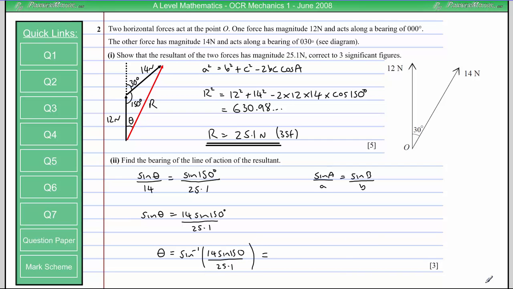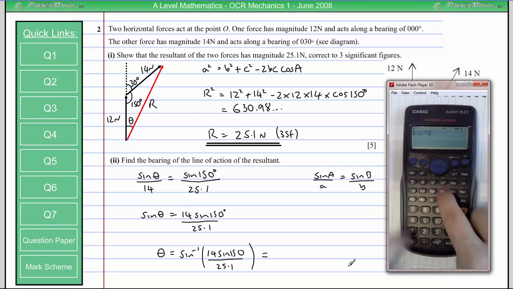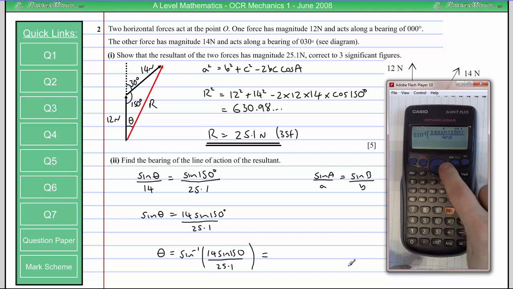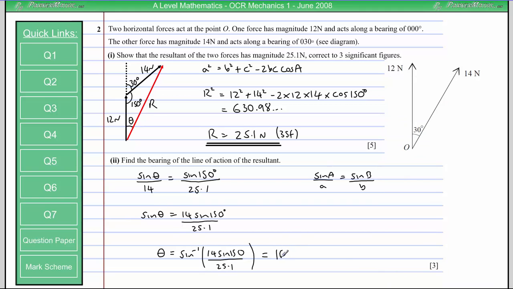And I'll put that into my calculator. So I get inverse sine of 14 sine 150 divided by my answer from the previous part, which is 25.1, and if I do that I get 16.2 degrees to three significant figures.